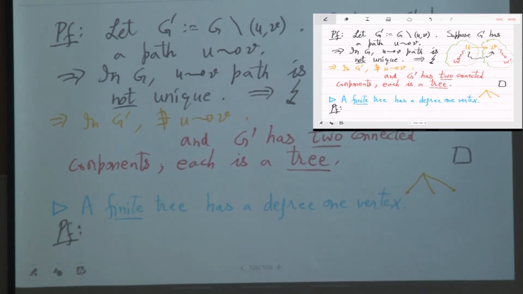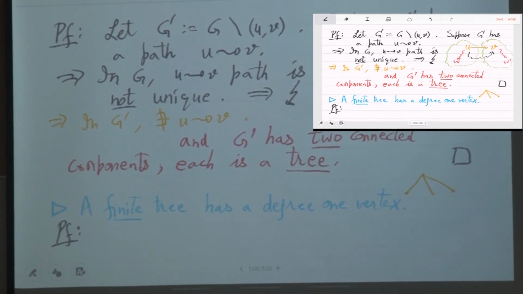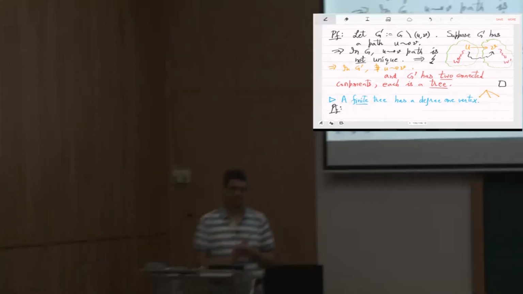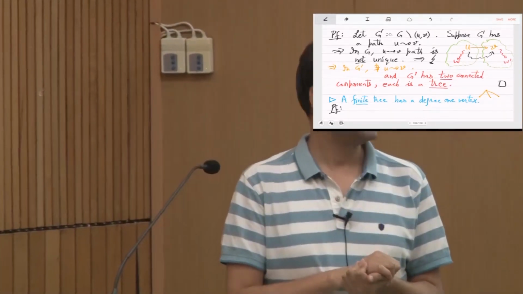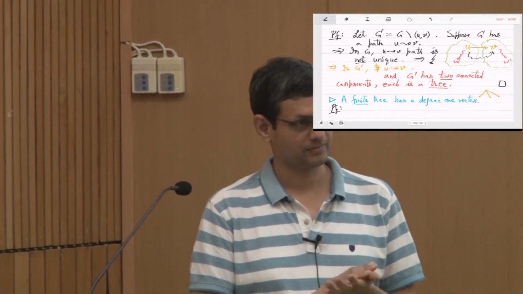How do you prove this? Sorry? Assume there is a vertex. No, so by connectedness there is no isolated vertex, so all the degrees are at least 1. The question is, is there a vertex with degree exactly 1? How do you show that? You mean you are assuming every vertex has degree at least 2?